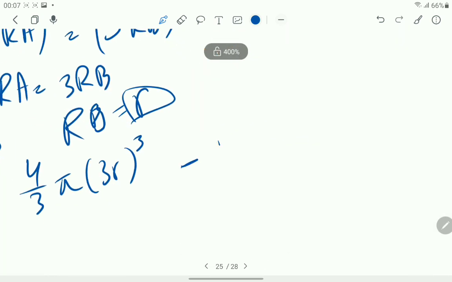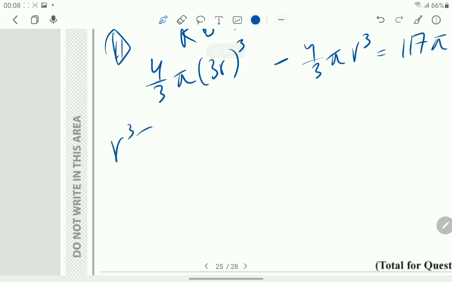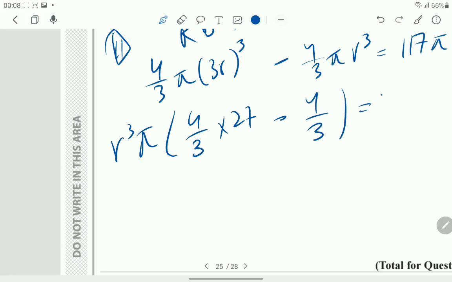And minus 4 by 3 pi R cube equals 117 pi. Let's take R cube pi common, and we get 4 by 3 times 27 minus 4 by 3 equals to 117 pi.